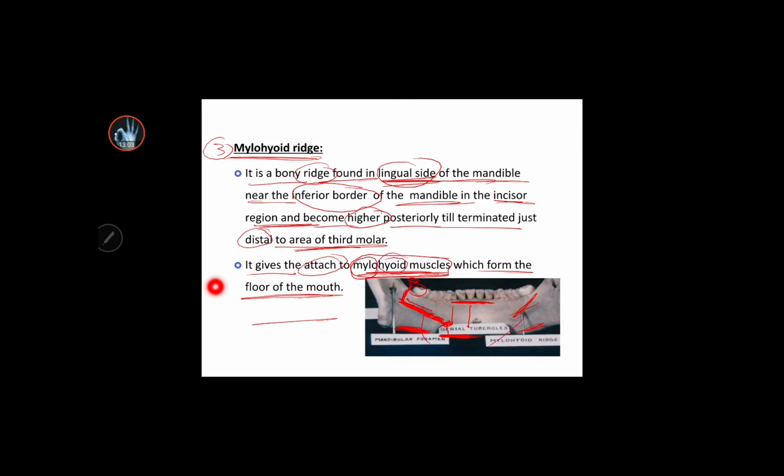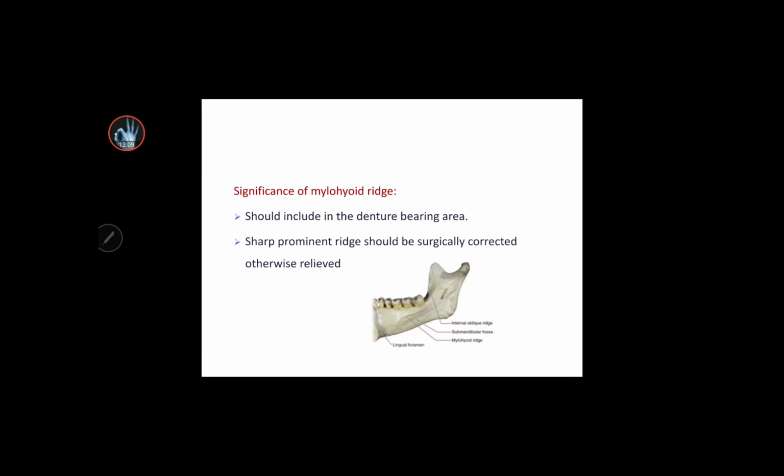So these are the mylohyoid muscles. The mylohyoid ridge is considered a supporting structure. The significance, the importance of the mylohyoid ridge, is that we should include it in the denture bearing area, as a supporting structure.